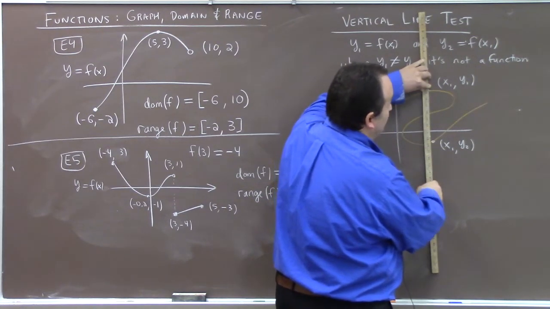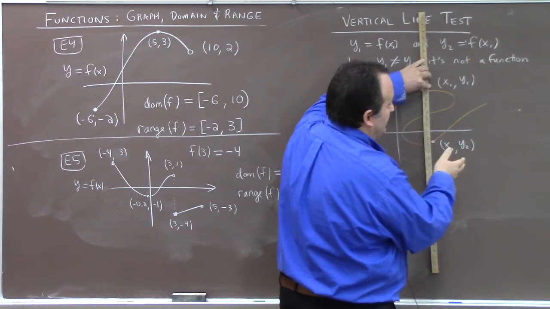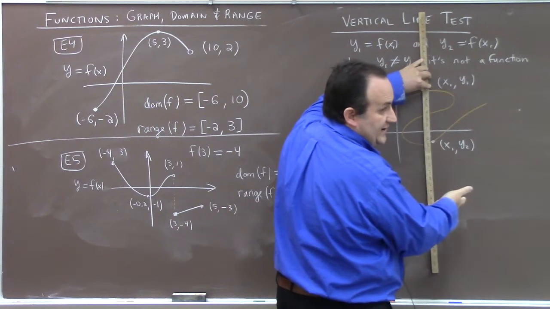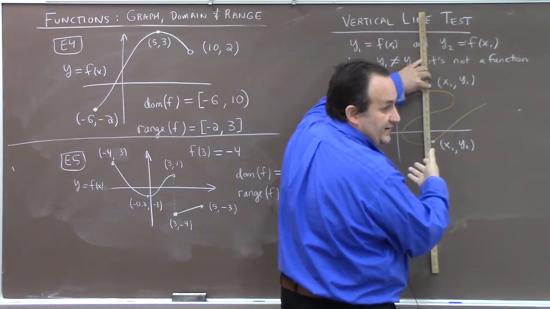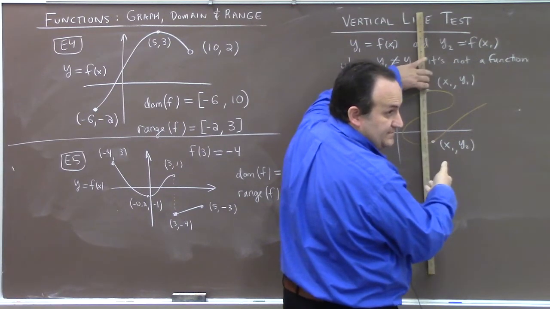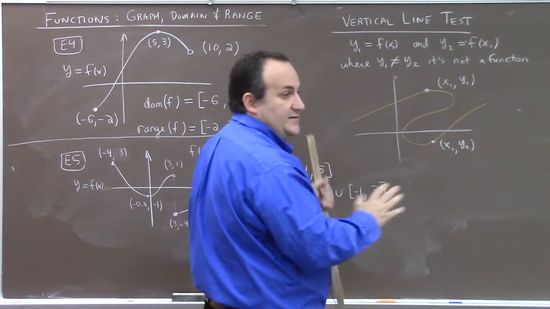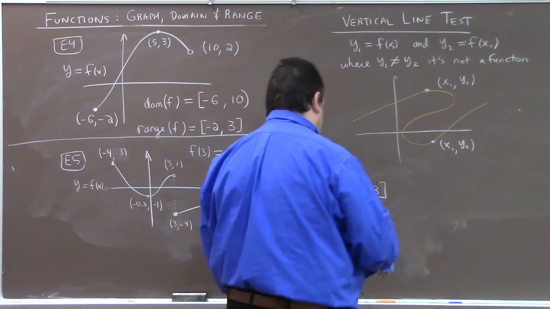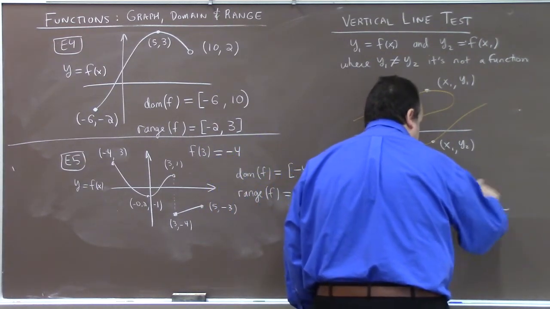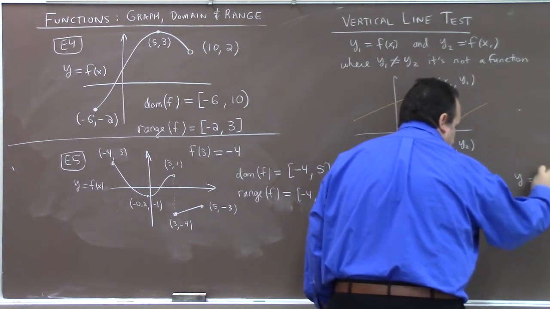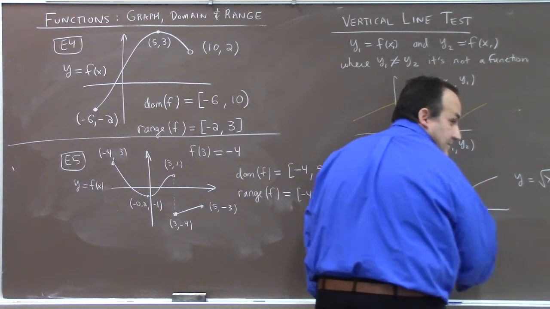So let's say it this way. A graph passes the vertical line test if every vertical line intersects the graph at most one point. It's okay for it to not intersect the graph at any points. Like, see this one? Here we're looking at y equals square root of x minus 1.